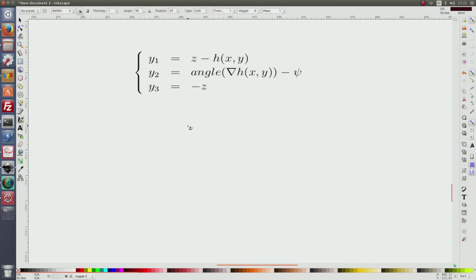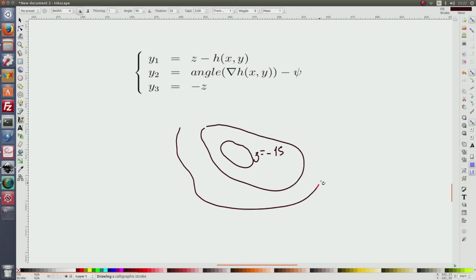If I now look from above, I will have here my level curves. So here, for instance, z corresponds to minus 15. So level curves like this. So minus 16, minus 14, no, minus 17. And if the robot is here, we can see that the gradient in this situation is oriented in this direction.